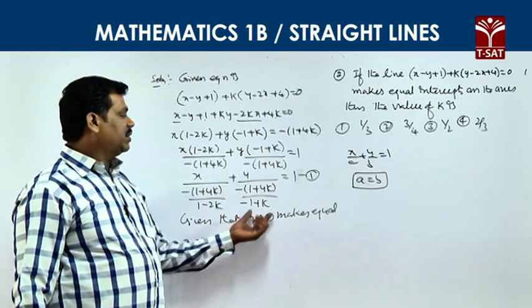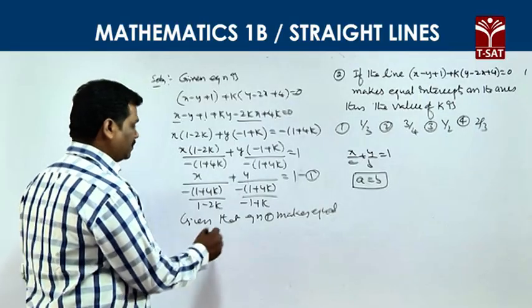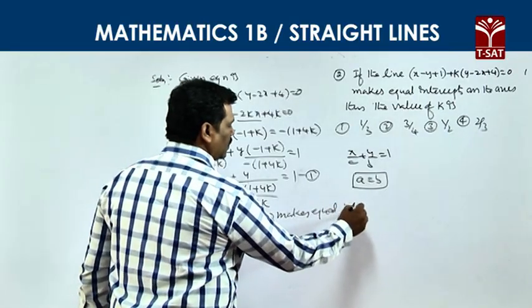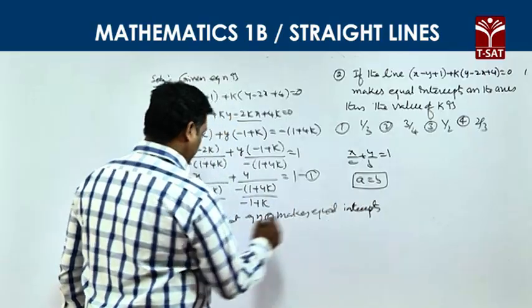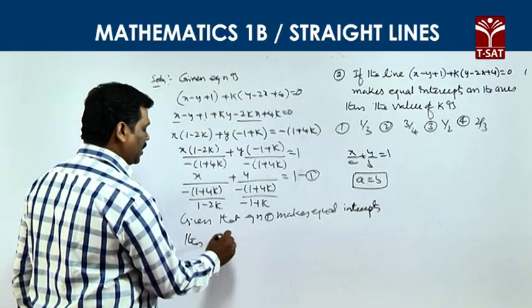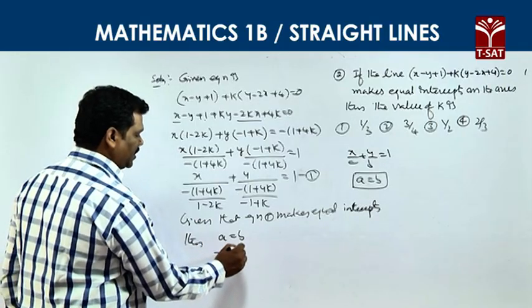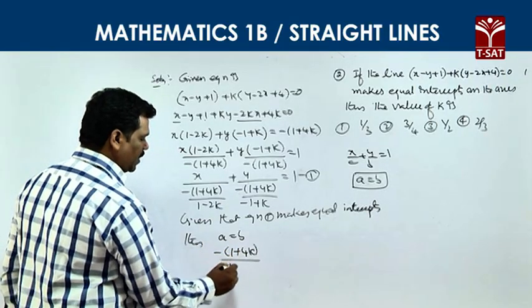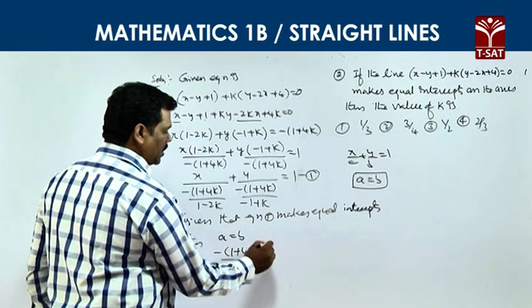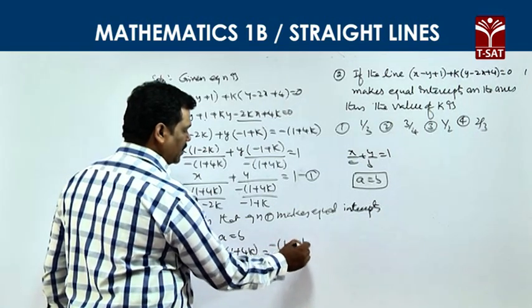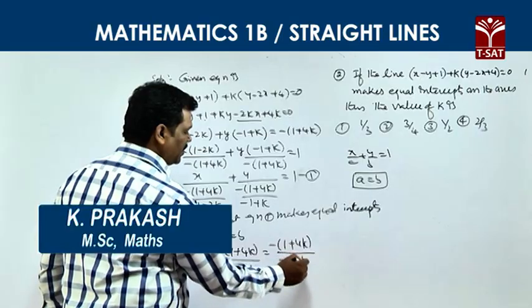Given that equation number 1 makes equal intercepts, the condition is a equal to b. Minus of 1 plus 4k divided by 1 minus 2k equals minus of 1 plus 4k divided by minus 1 plus k.